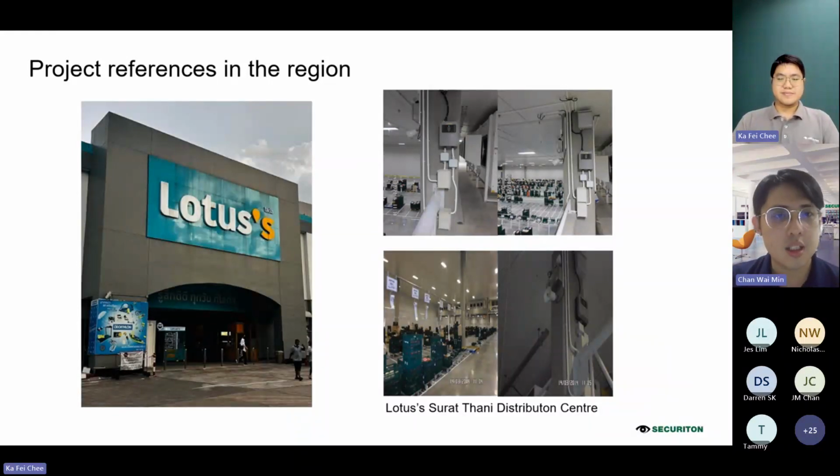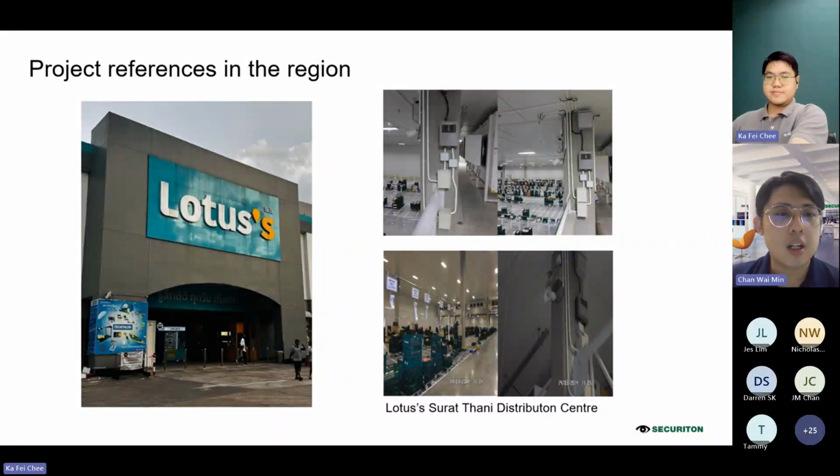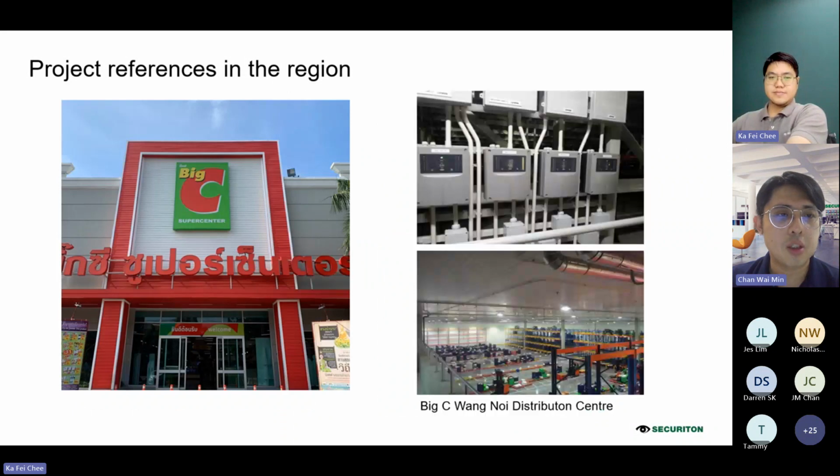So in this Suratthani distribution center, they provide distribution of goods to the southern region of Thailand. In this location, we have our ASD system installed in the distribution center. And next one, also a popular supermarket over there in Thailand, Big C. We have also our Securiton ASD installed in this Wang Noi distribution center.